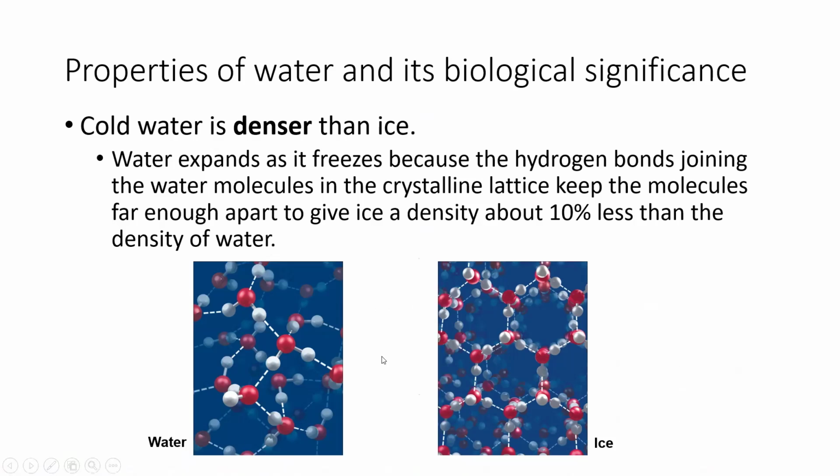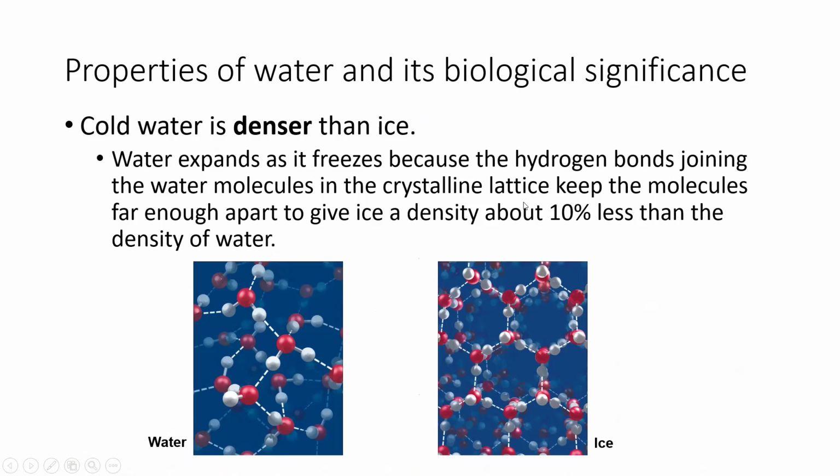So there is no fixed structure for the water. But when it freezes and becomes ice, you can see it becomes a rigid structure, where the hydrogen bonds join the water molecules in a crystalline lattice.